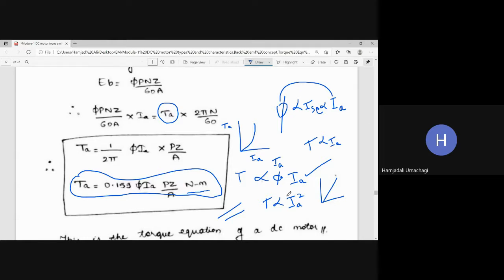If applied voltage is constant, then flux is constant. If flux is constant, then torque is directly proportional to Ia. So you will get a linear graph for DC shunt motor, but for DC series motor you will get parabolic nature, that is, T is directly proportional to Ia square.